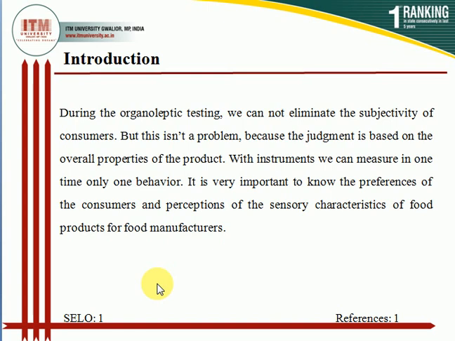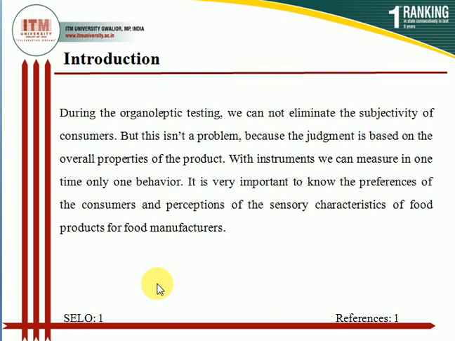An instrument can measure one behavior at one time, but with the subjective basis, using human senses, we can measure all behaviors, all properties of the product in one time.